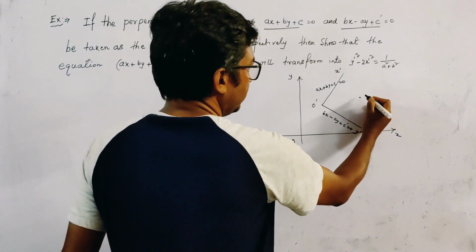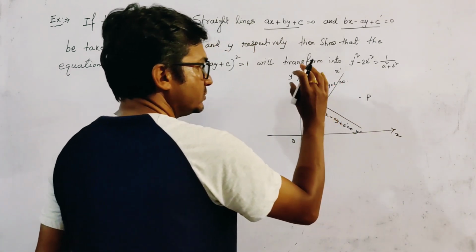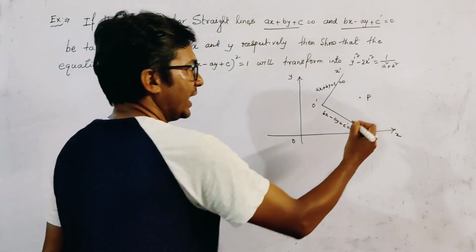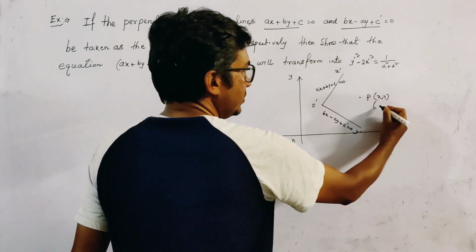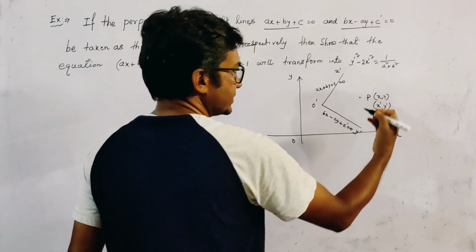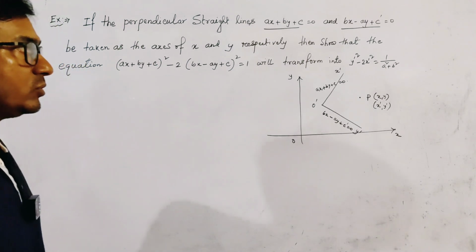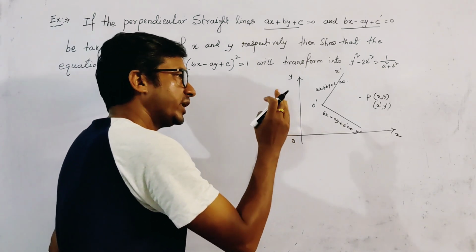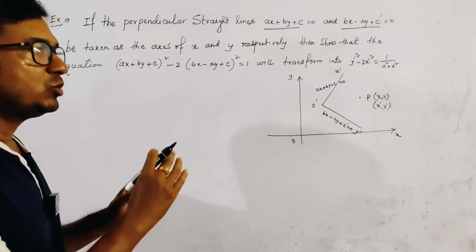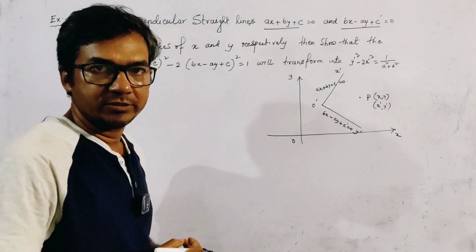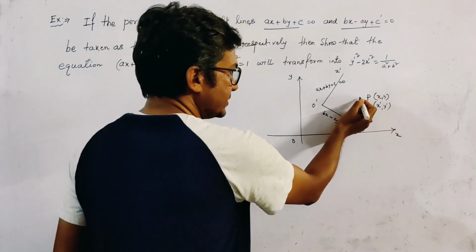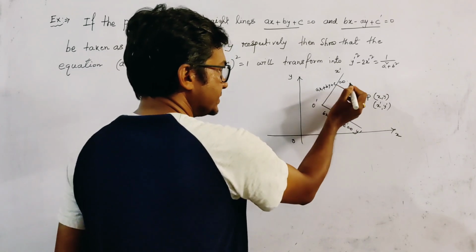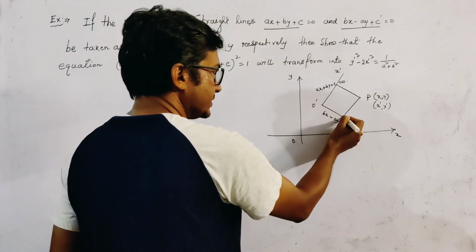Let P be any point on the plane, and its old coordinate is xy and its new coordinate is x dash y dash. Now, with respect to any coordinate system, what do you mean by the coordinate of a point? The coordinate x dash y dash means this distance and this distance.